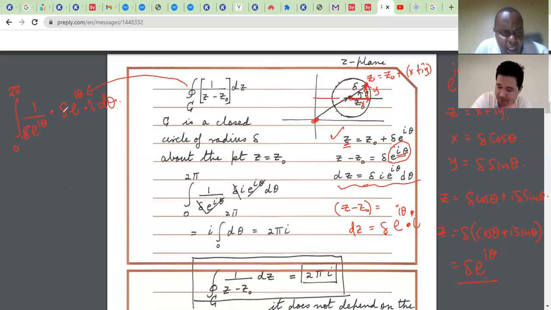So the delta cancels out with the delta, and e^{iθ} cancels out with e^{iθ}. So we only have the integral from 0 to 2π of 1 times i, which is i dθ.